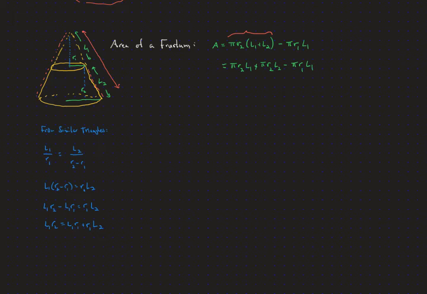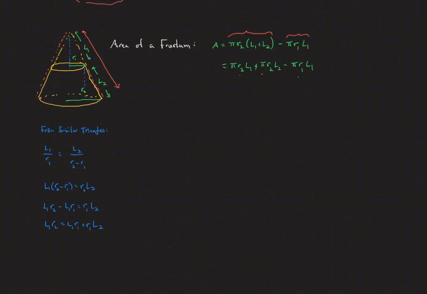So we're going to subtract off that pi r1 L1. We start with a little bit of algebra and distribute that, and that gets us to this expression here, and we're kind of stuck a little bit right now. So I'm going to run back to our stacked cone, the little cone sitting on top of our frustum, and we can see in the blue I have drawn some similar triangles. In similar triangles, we know that corresponding sides are proportional.